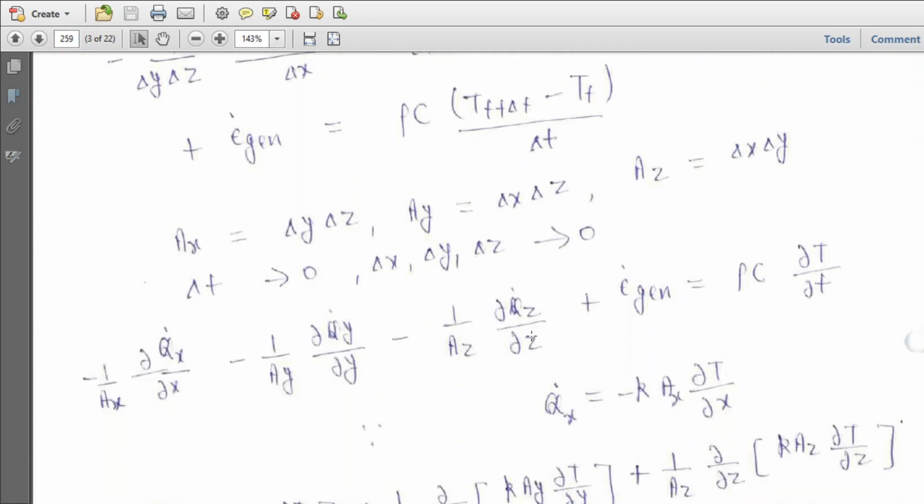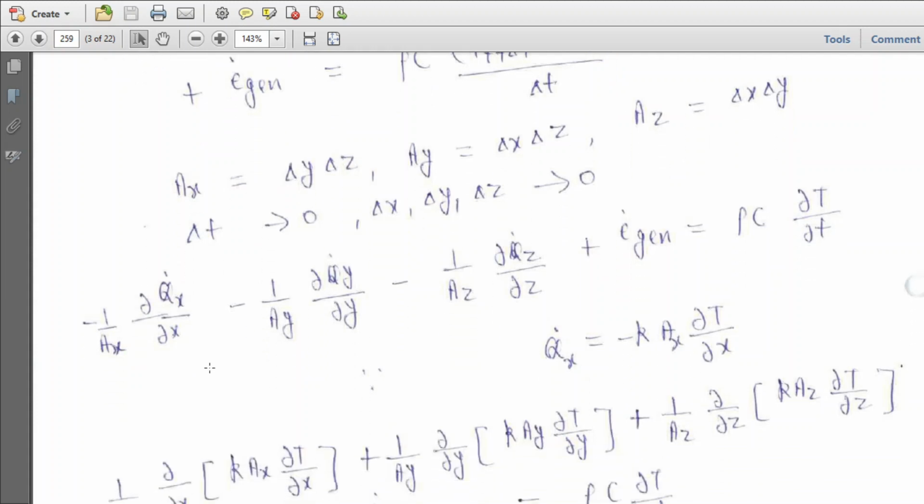By putting all that, we end up with this equation: minus 1 upon A x del q x upon del x, minus 1 upon A y del q y upon del y, minus 1 upon A z del q z upon del z, plus E dot generation, equal to rho Cp del T upon del t. Now we will use Fourier's law of heat conduction, that is q equals minus k A dT upon dx.